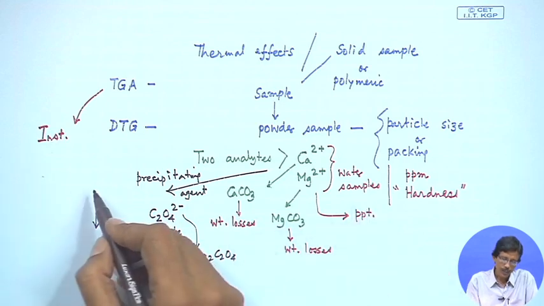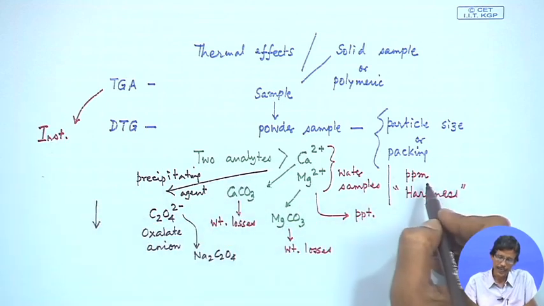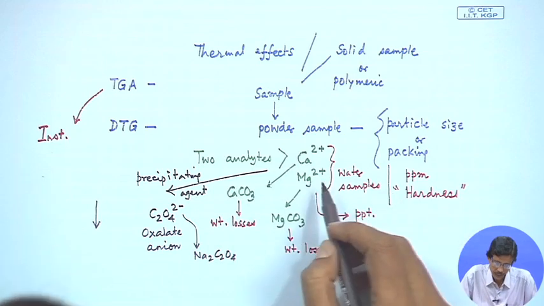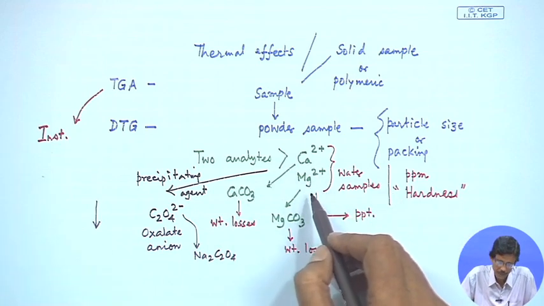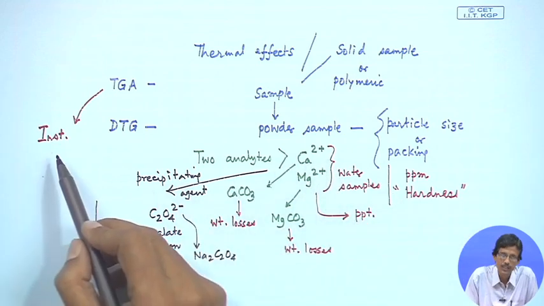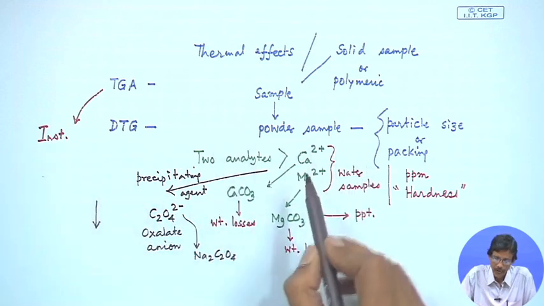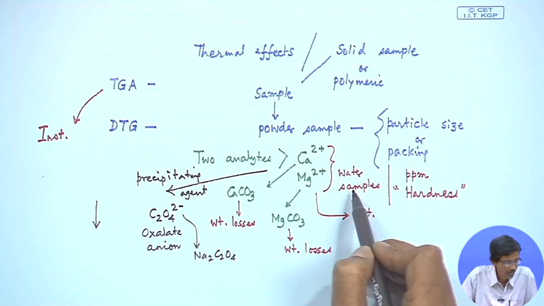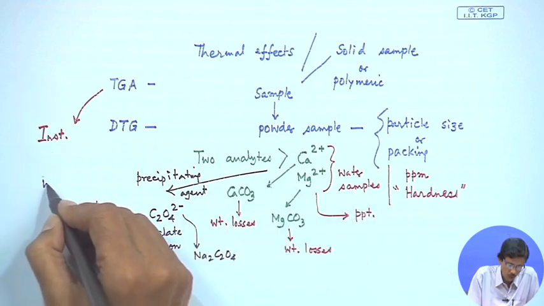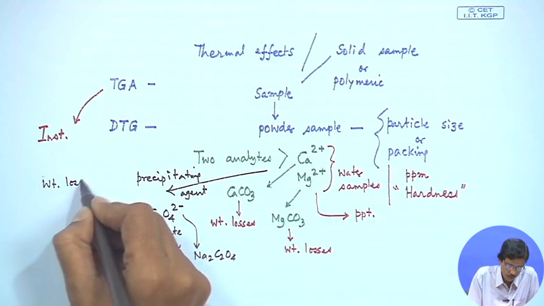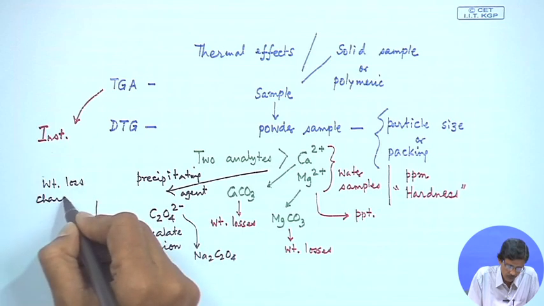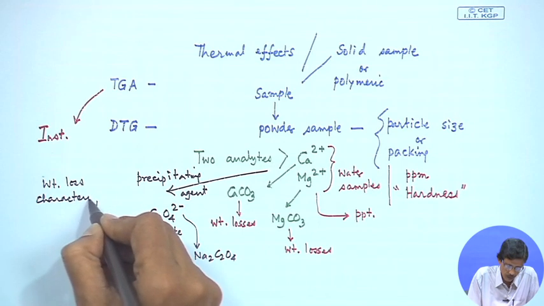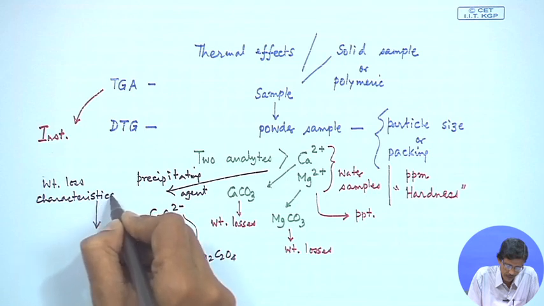So, this one is a different one, where we get that precipitation of calcium and magnesium, which can be used for standardization of the instrument, for analyzing the amount of calcium and magnesium present in the sample, and also the weight loss characteristics.